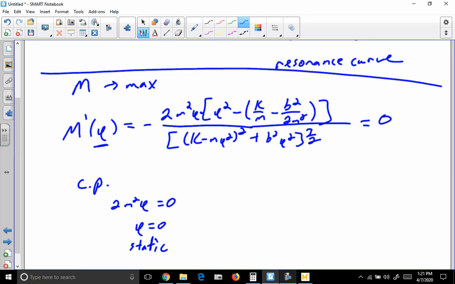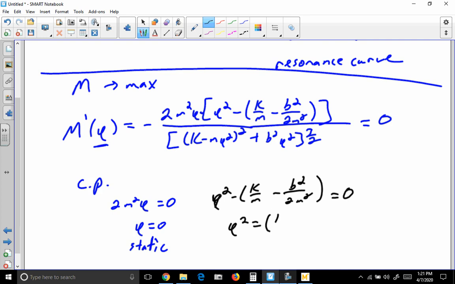The other thing that could give us a critical point is when this factor equals 0. So if we set the other factor equal to 0, we add this to both sides, so gamma squared equals positive k over m minus b squared over 2m squared.